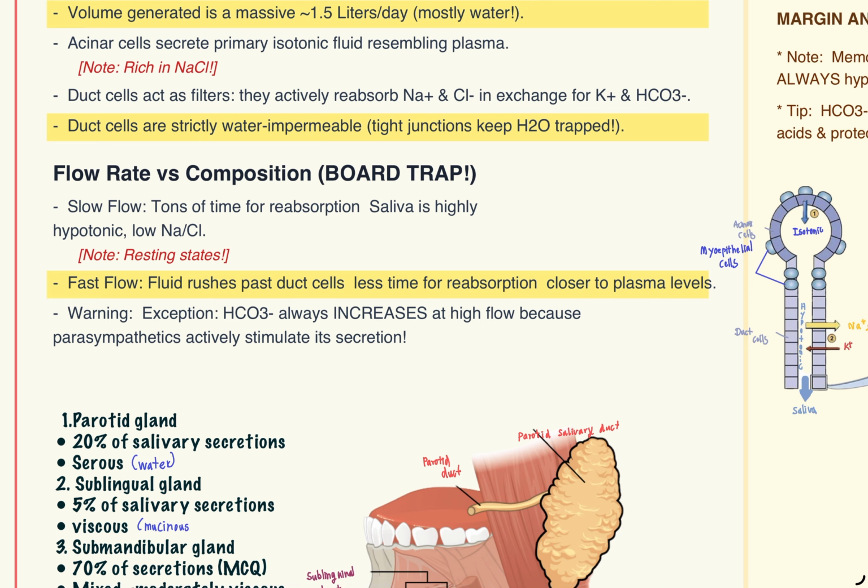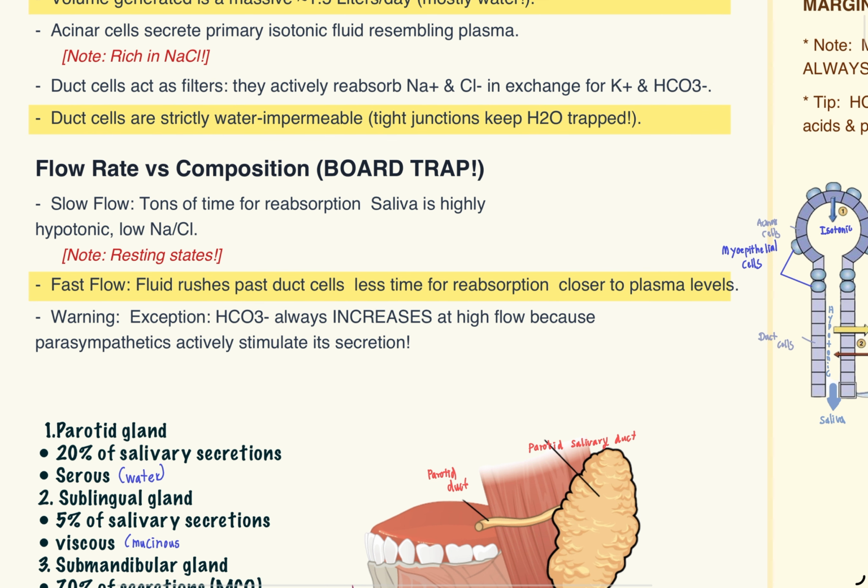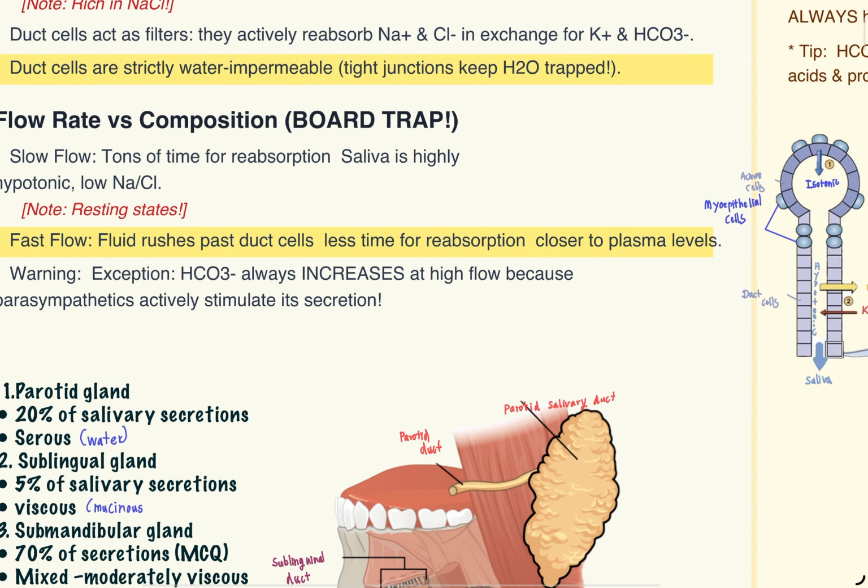If you think about flow rate versus composition, if the flow rate is low, tons of time is there for reabsorption. So saliva is highly hypotonic, with low sodium and chloride.